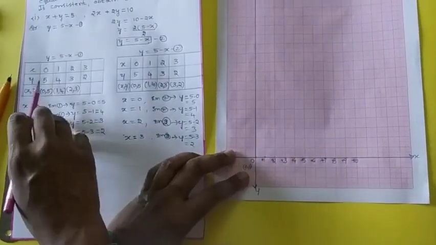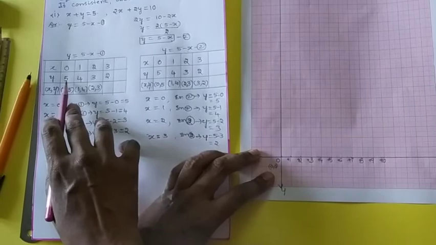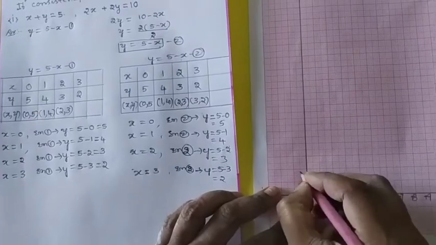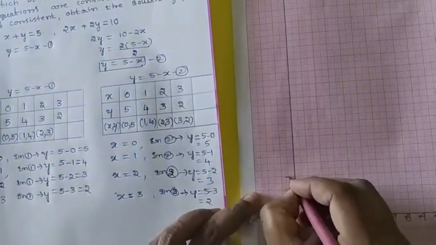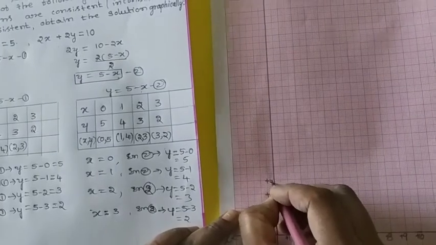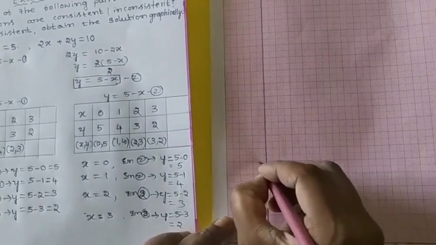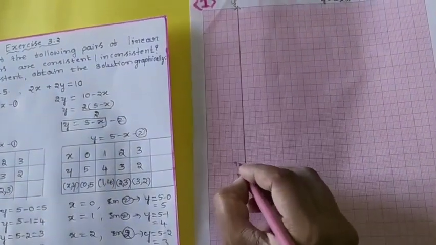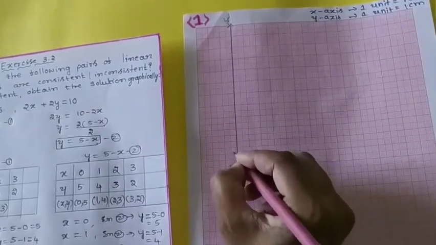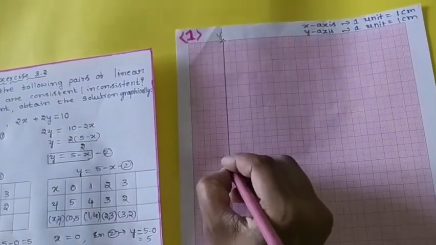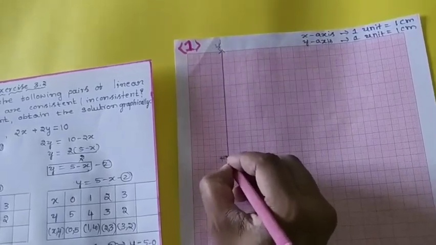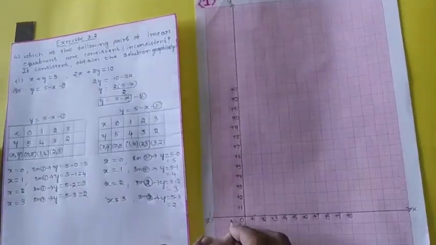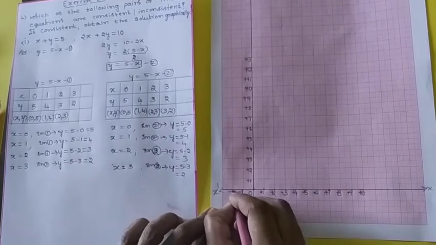Then the y value, the highest number is 5. We will take in y-axis plus 1, plus 2, plus 3, plus 4, plus 5, plus 6, plus 7, plus 8, plus 9, plus 10, plus 11, plus 12, and plus 13, etc. Then minus 1 is LHS, minus 2 in LHS.